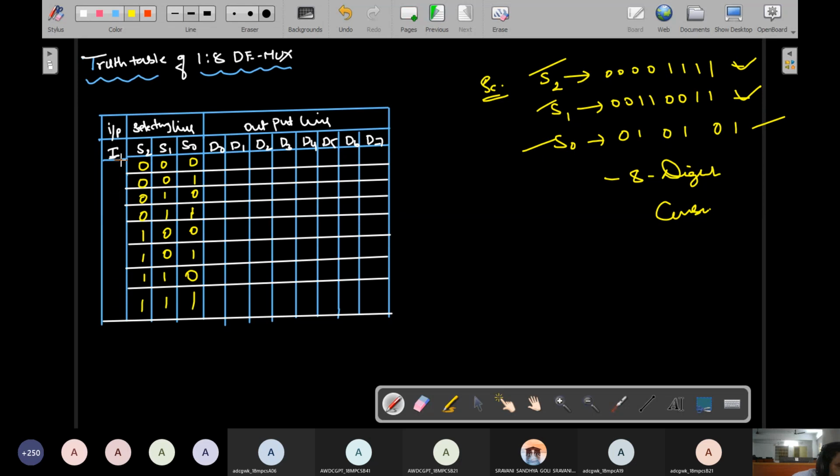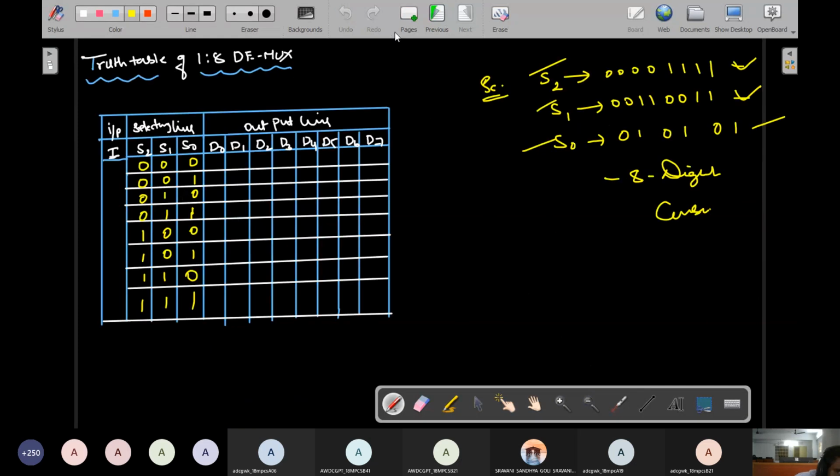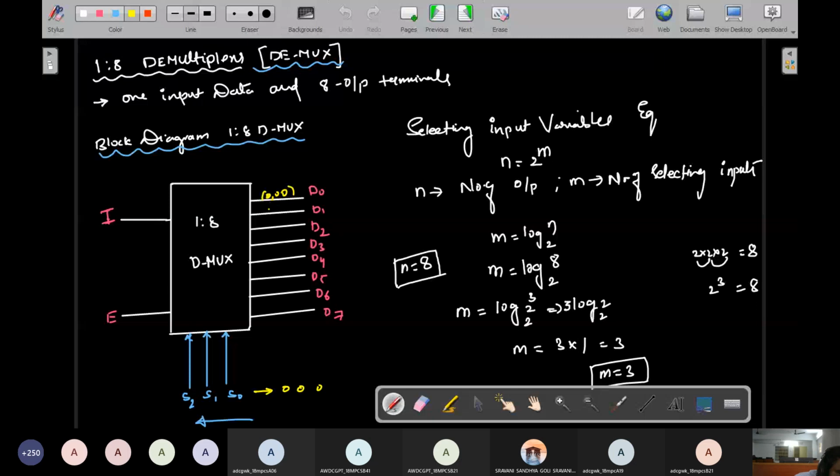Okay, so see, this actually comes from the previous figure. If you give 0, 0, 0 on the selecting lines, that state is represented in the output here. The second state represents 0, 0, 1.